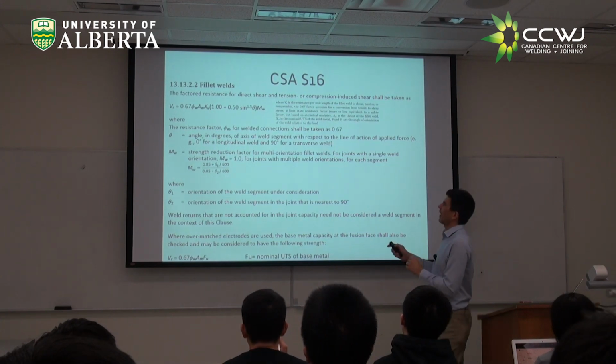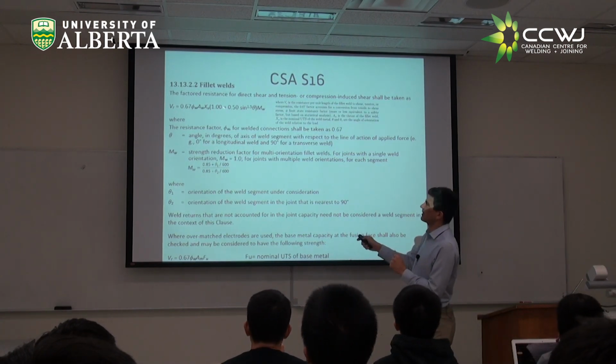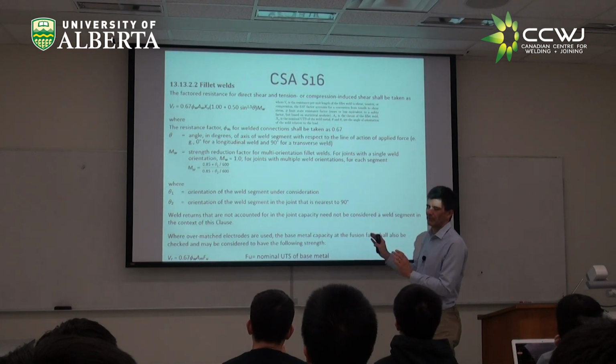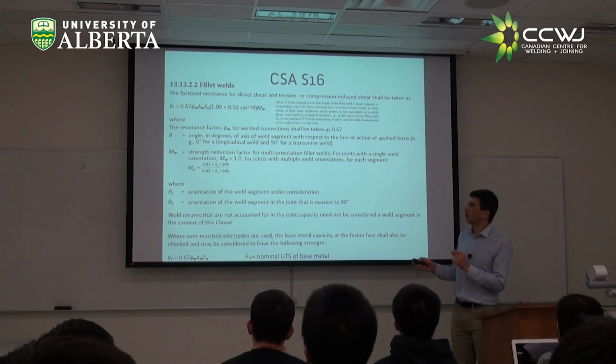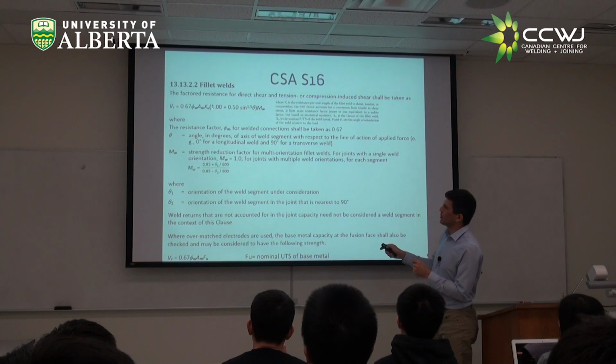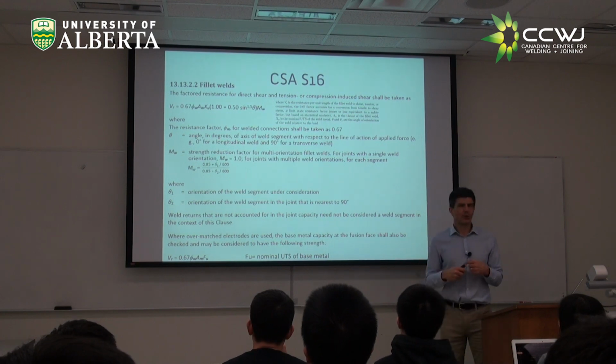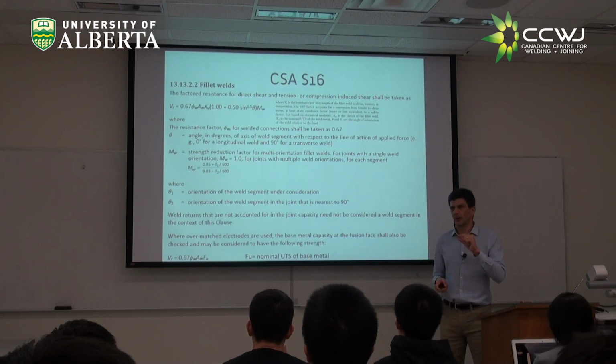So this 0.5 doesn't count for anything because it's 0 to the 1.5. Then I have a 1. So this is some sort of a correction factor that gives you credit for transverse welds. Americans don't tend to take that credit, but we do, because that will result in thinner welds.